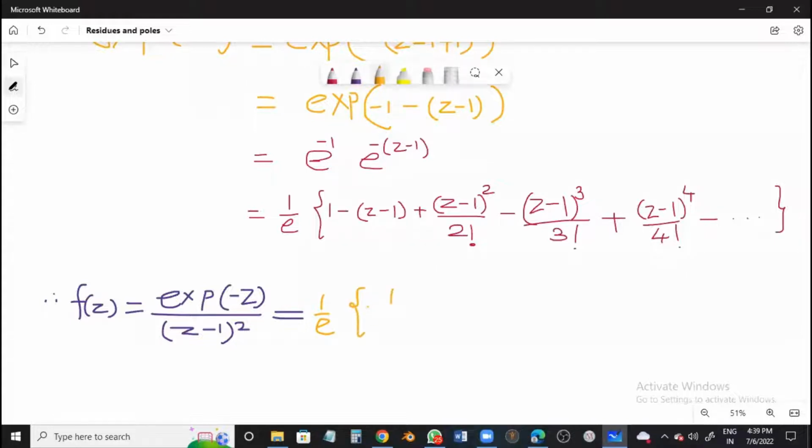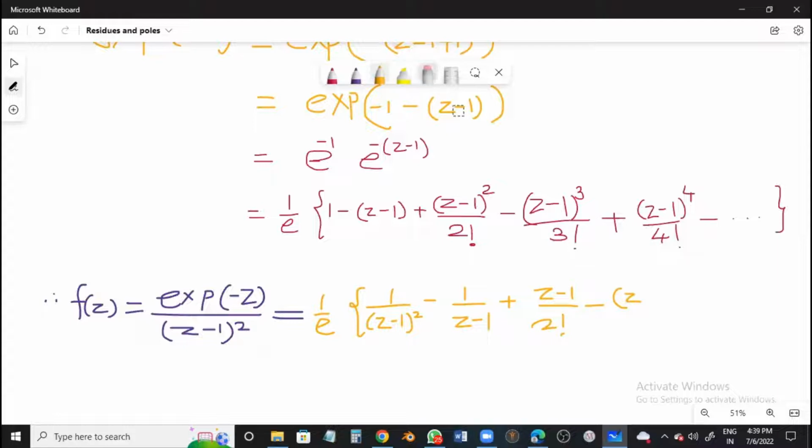What do I get? First term becomes 1 upon z minus 1 bracket square. Then I'll have minus 1 by z minus 1 only. Then I'll have plus z minus 1 upon 2 factorial, minus, ma'am, it will be only 1 upon 2.